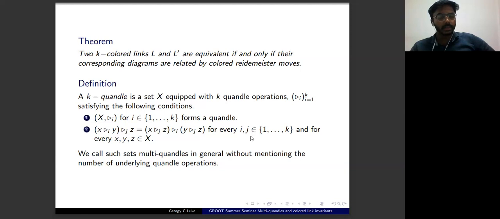We call such sets multi-quandles in general, without mentioning the number of underlying quandle operations. If k is not explicitly stated, we just call them multi-quandles.